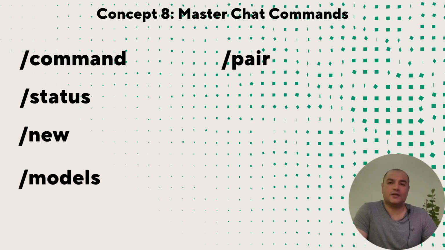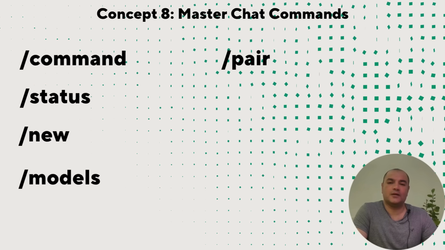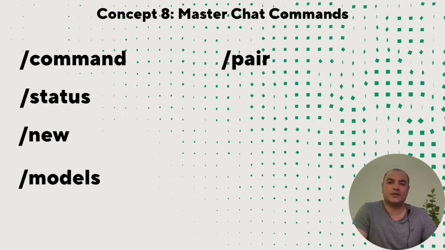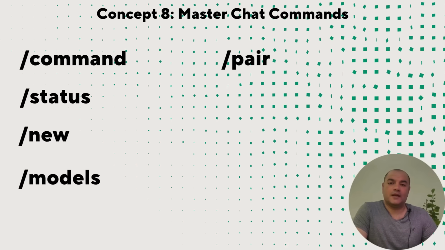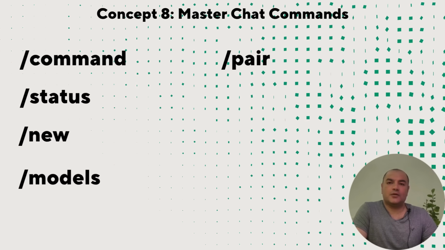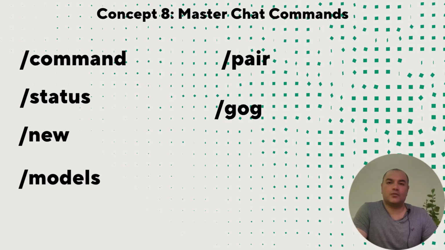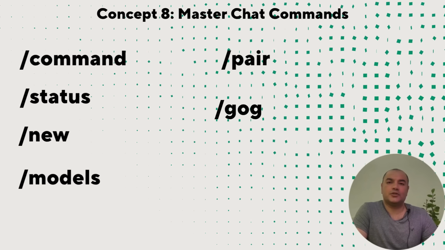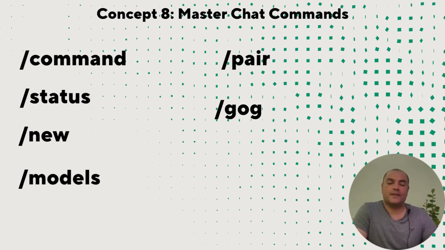Plus, as you add new custom skills to your agent, new shortcut commands automatically generate. For example, if you install the Google Workspace skill, you instantly get a new GOG command right in Telegram to manage your Gmail and calendar.